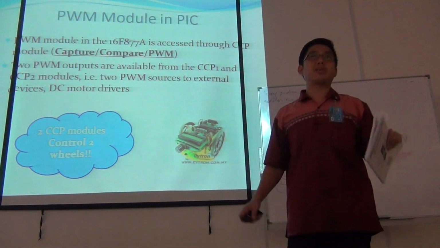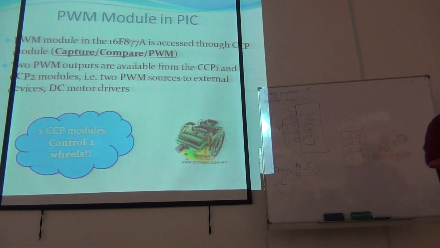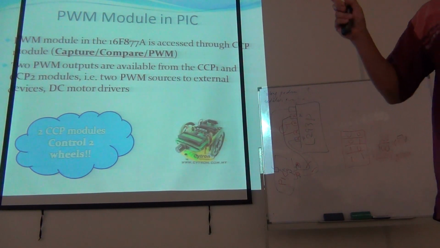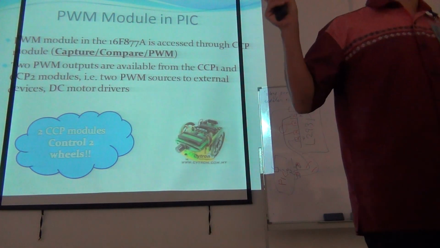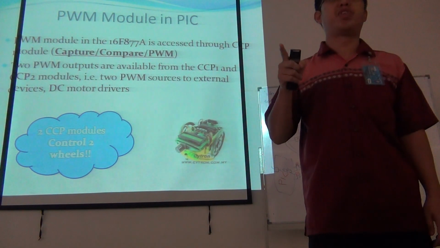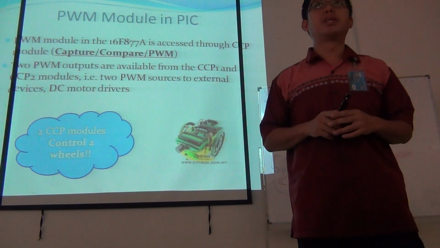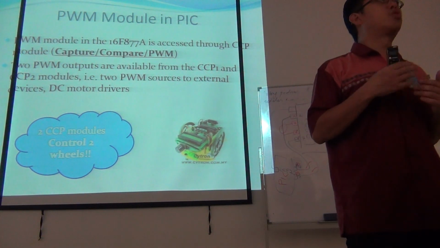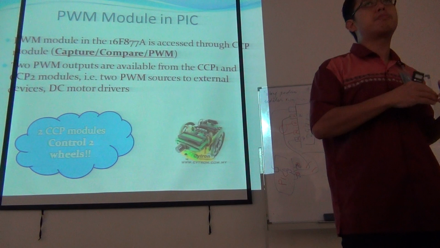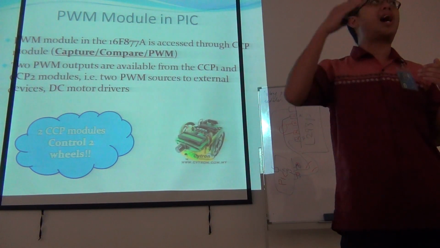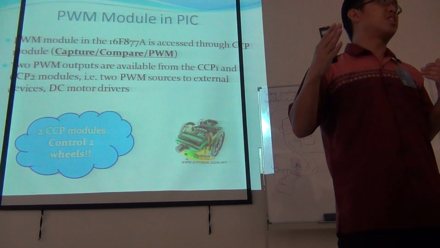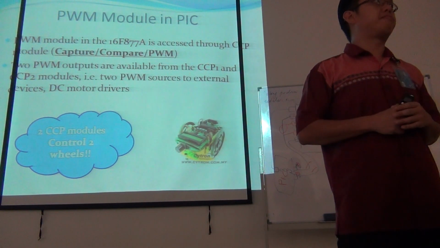What is coming from this pin is the PWM, pulse width modulation. The main purpose of having this particular pin is to control the speed of the motor. Speed, kelajuan. Okay, so you can control your motor from the lowest speed up to the highest speed based on the parameter on the motor itself.